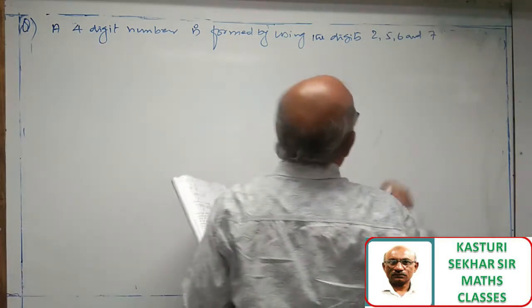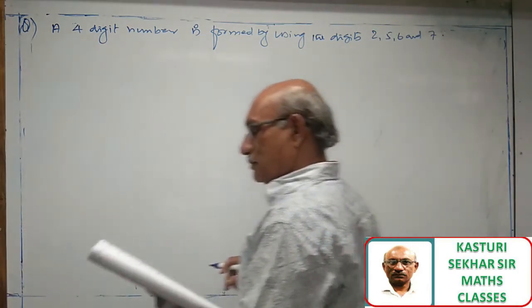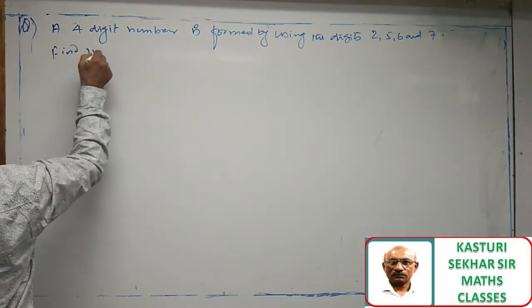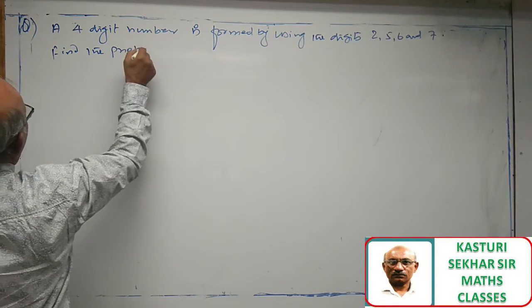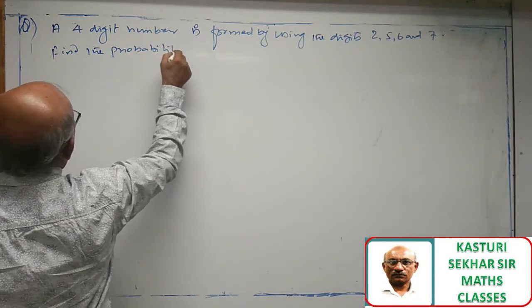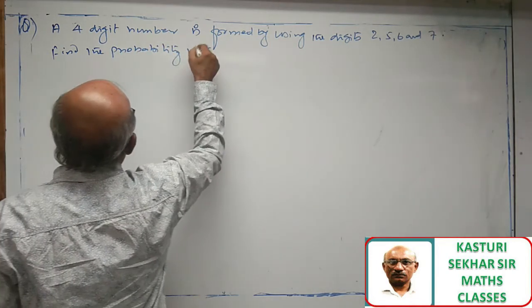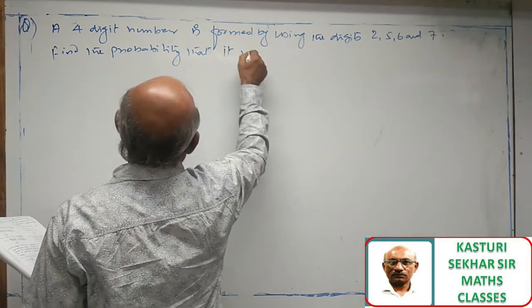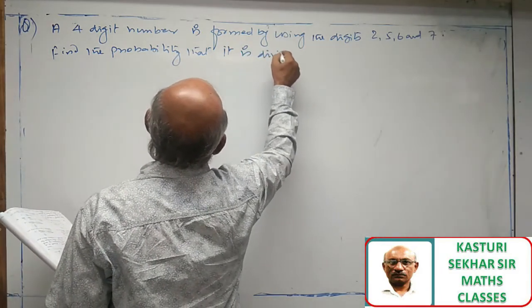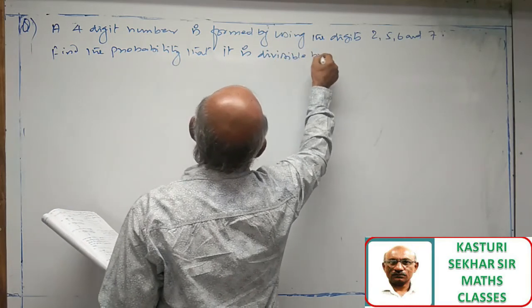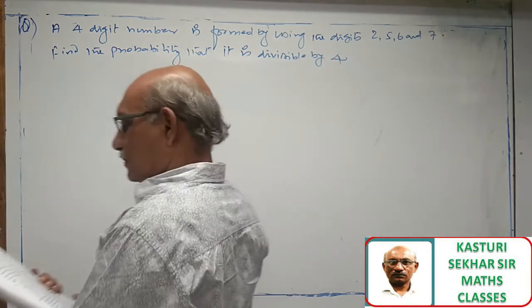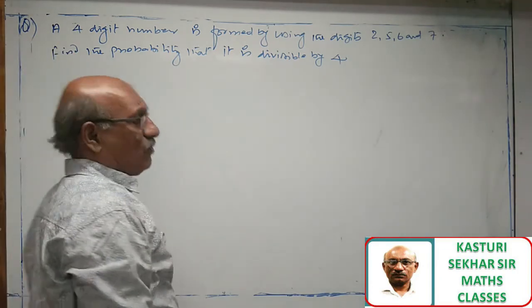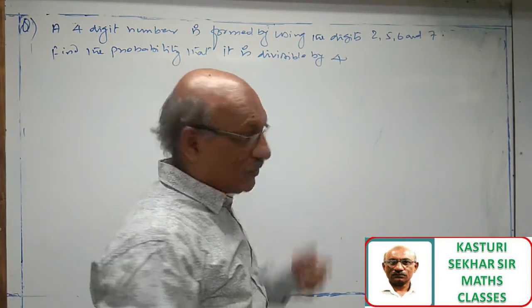Find the probability that it is divisible by 4. Okay, sir.